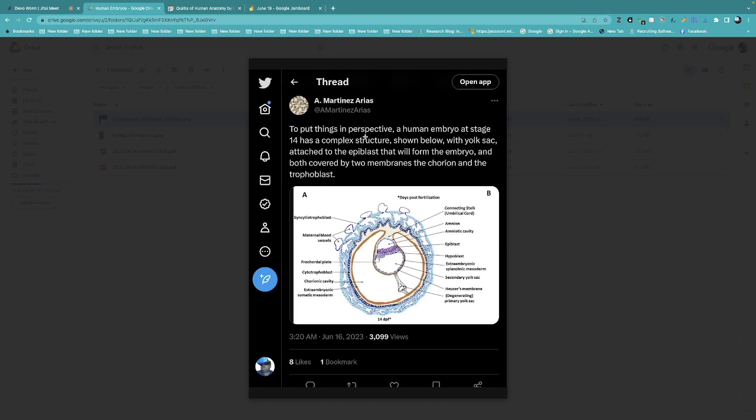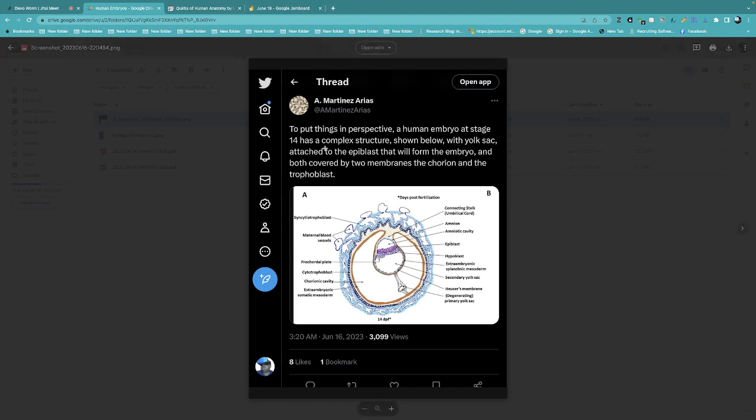Aside from all of those identification and identity issues, to put things in perspective, consider a human embryo at stage 14, which is a stage of mammalian development. There's a mouse stage 14, but human embryos also have a stage 14. It's not completely analogous, but basically it's at this stage of development.